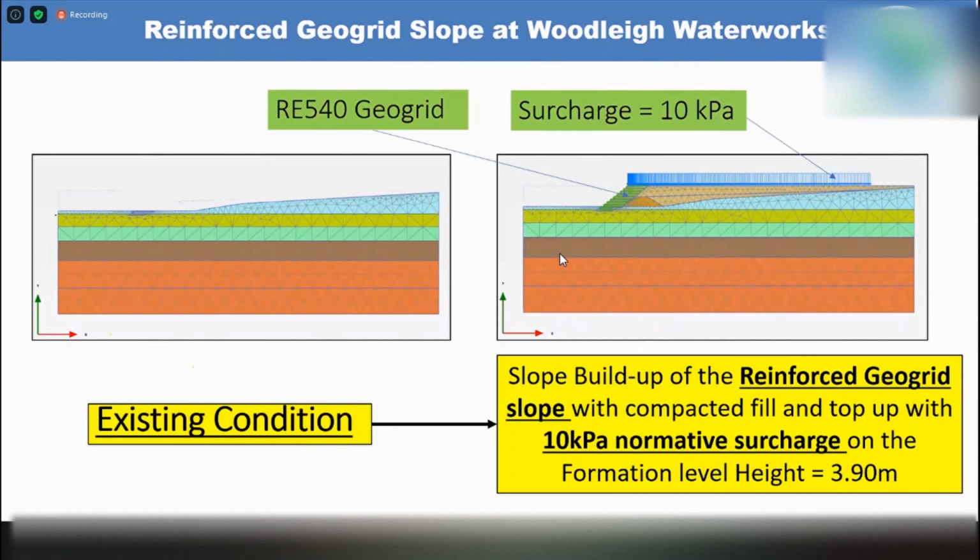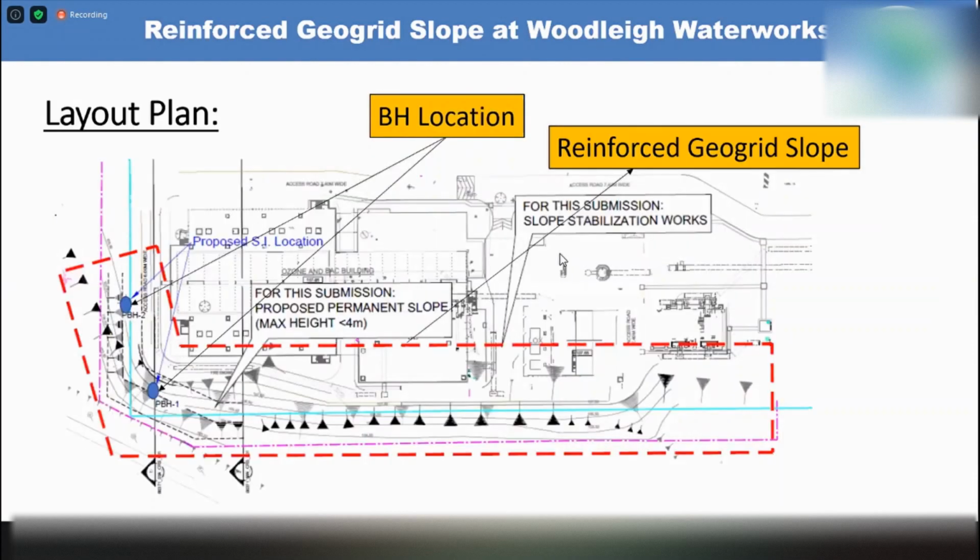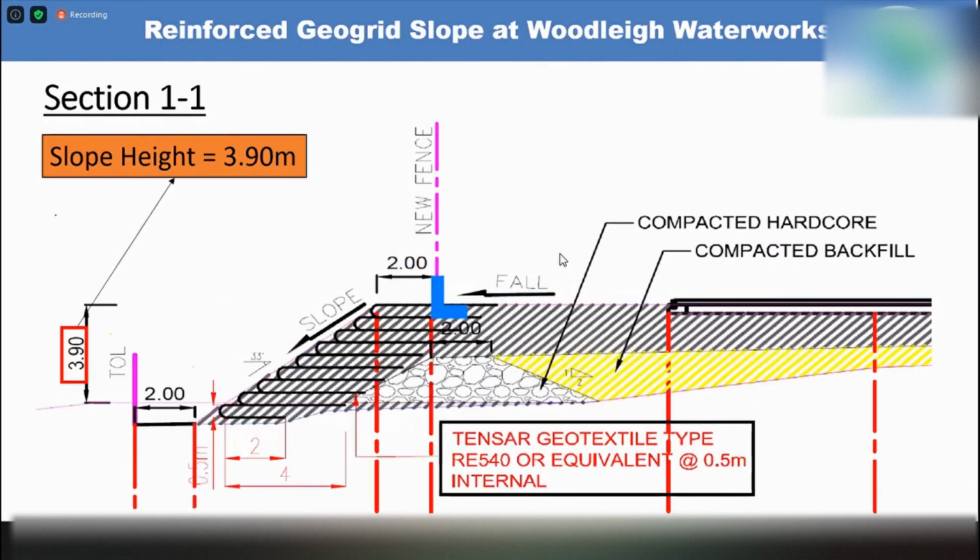This is a good example of how we provide a one-stop service to solve a problem by avoiding the use of an RC retaining wall and creating a green slope eventually. This is the location where we built the slope, and this is a bigger section showing where the reinforcement is used and how the slope is eventually formed.